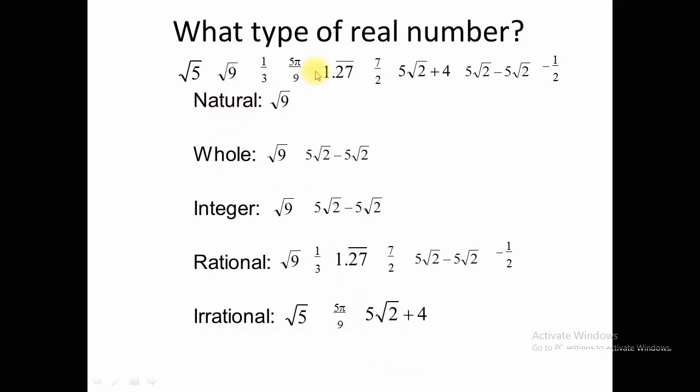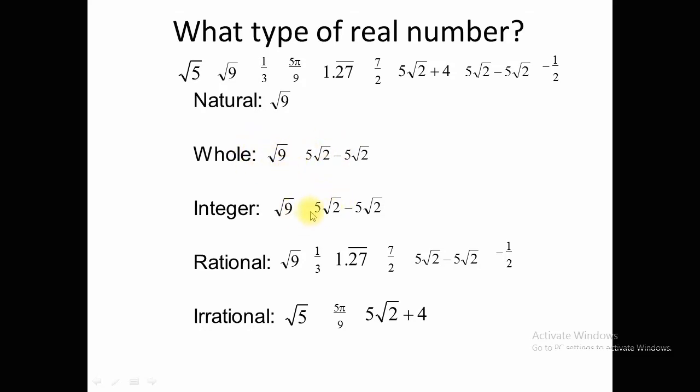Now, what type of real numbers are these? To identify these numbers, under root 9 is equal to 3, a natural number. Under root 9, 5 under root 2, minus 5 under root 2 cancel, so we get 0, and under root 9 is equal to 3, so 0 and 3 are whole numbers, and 0 and 3 are real numbers also.